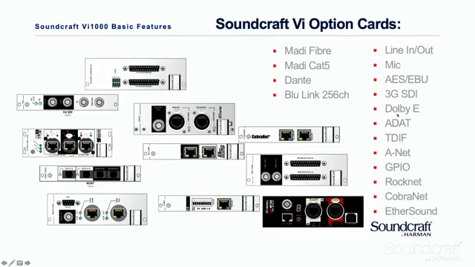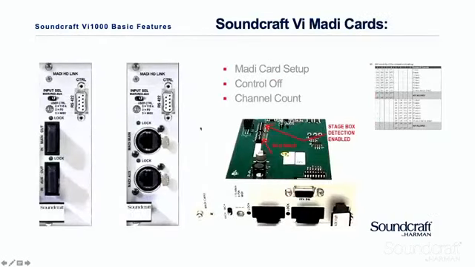Dolby for TV, ADAT, maybe in a studio environment, ANET, GPIOs. You can add RockNet, CobraNet, and EtherSound. Those are the ones. So quite a nice selection there. And this is obviously something that grows as new cards and new protocols come out. Harman normally adds them.